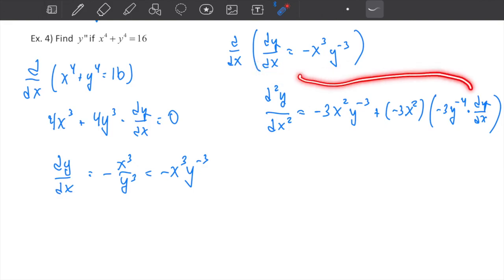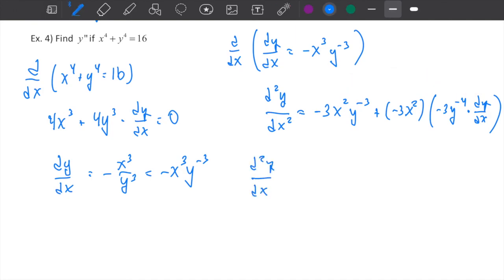So we can actually sub that statement in for dy dx. So we get the second derivative d squared y over dx squared. It's negative 3x squared y to the negative 3. I see there are two negatives there, so I'm going to factor that. Give me plus, that is 9x squared y to the negative 4, multiplied by dy dx, which is negative x cubed y to the negative 3.